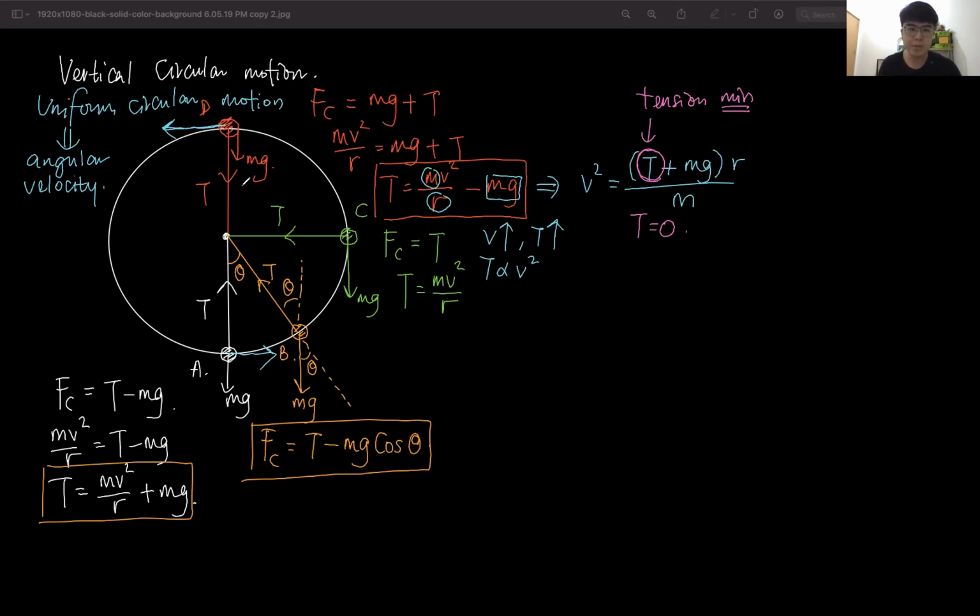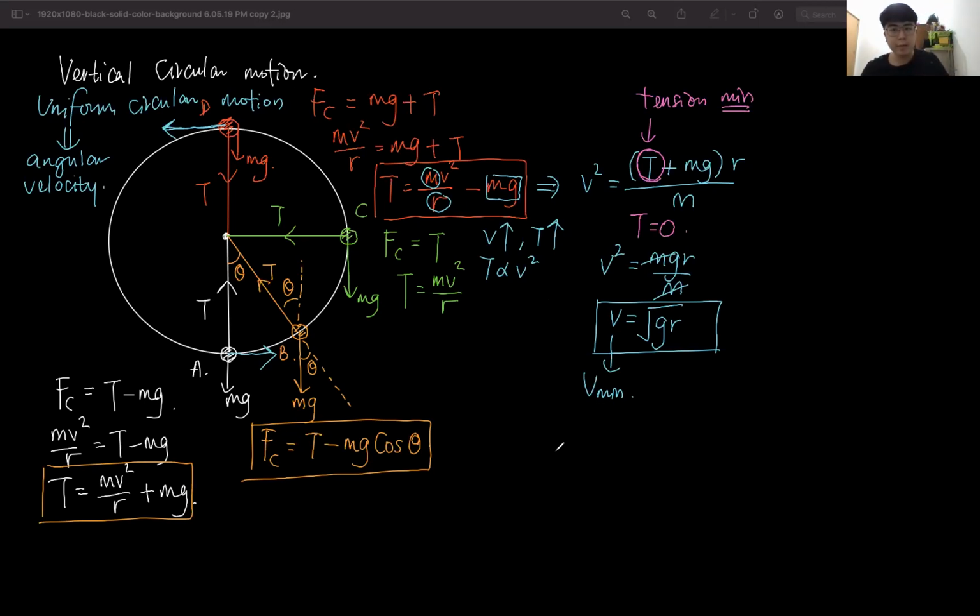If T equals 0, then v squared equals mgr over m, so v equals the square root of gr. This formula is for you to calculate the minimum velocity, which is the velocity at the top.